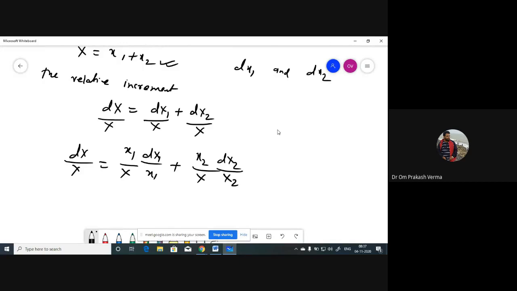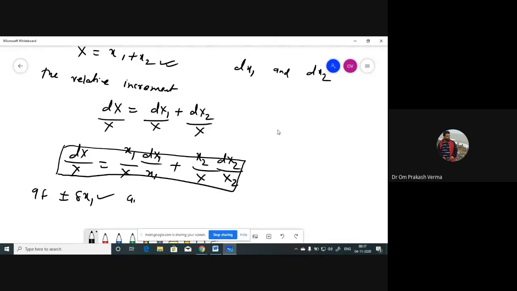Now, what is the maximum limiting error? Let's say plus minus delta x1 is the maximum error in x1, and similarly the maximum limiting error in x2 is plus minus delta x2.